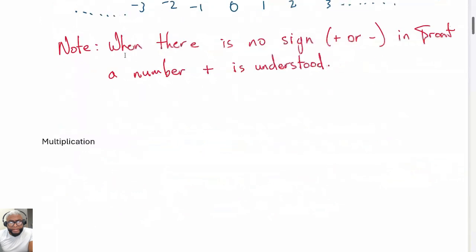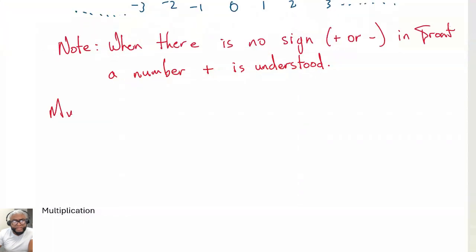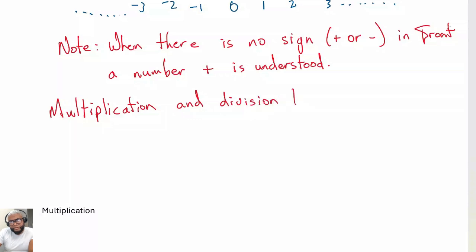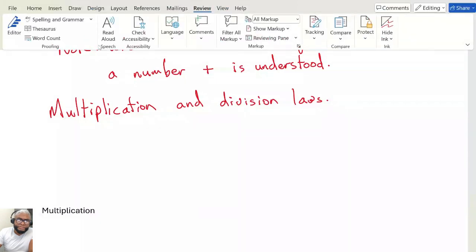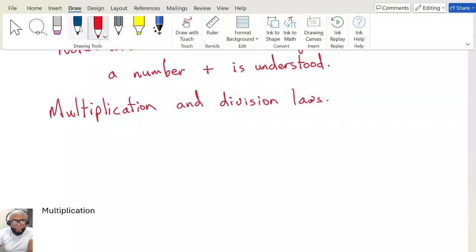So we go and deal with multiplication and division laws, right? So how does this go?